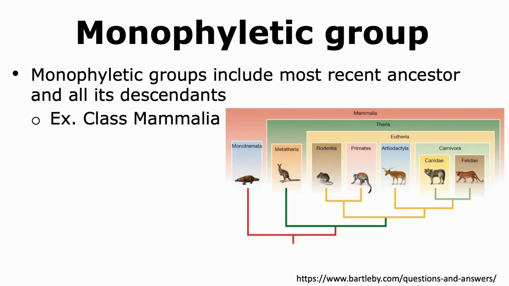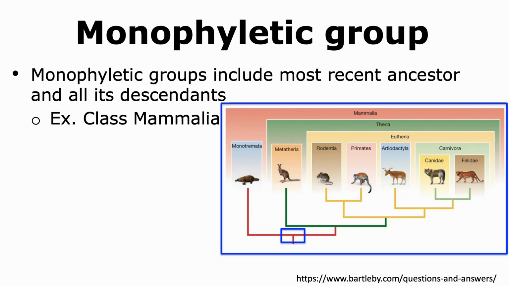Such groups that include the most recent ancestor and all of their descendants are called monophyletic groups. An example of such a group is the class of Mammalia, which is the taxa that includes all mammals. In this case, we are able to see that all mammals descended from one common ancestor, and that ancestor gave rise to many different other ancestors that ultimately gave rise to all the different organisms that come under the class of Mammalia.